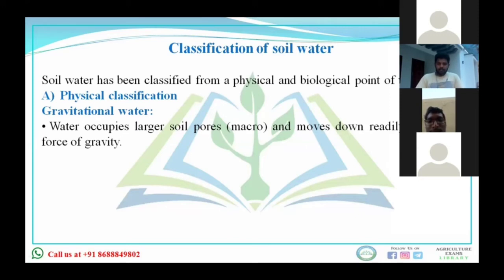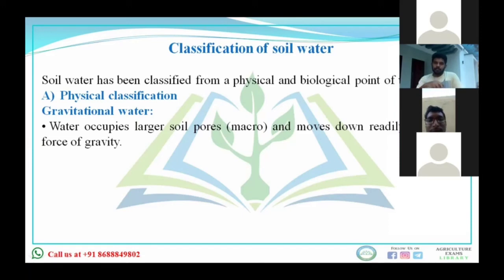When you talk about the physical classification, first there is gravitational water. Now, anyone, what is gravitational water? Which pore of the soil is occupied by the gravitational water? Micropore or macropore? Macropore.